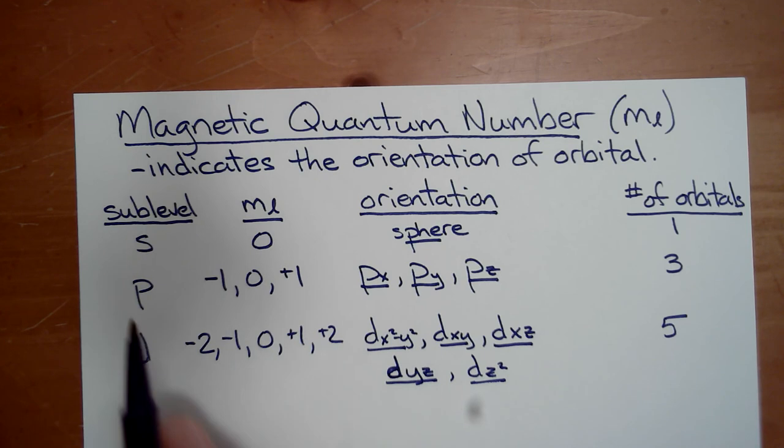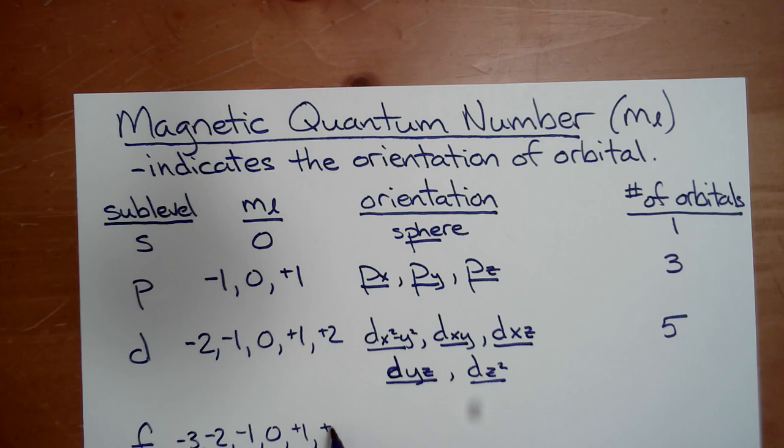Now the f sublevel has a magnetic quantum number of -3, -2, -1, 0, +1, +2, +3. So we have 1, 2, 3, 4, 5, 6, 7, so that means we have 7 orbitals. And I will start writing them here.